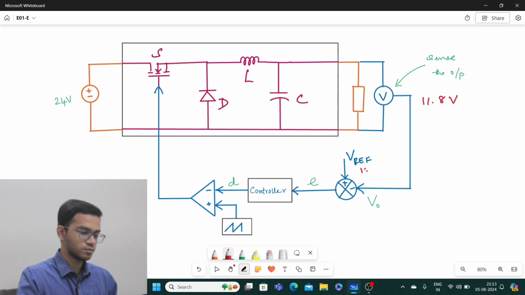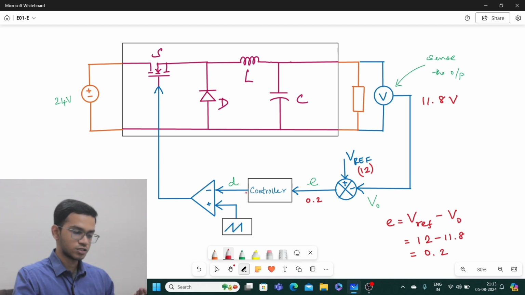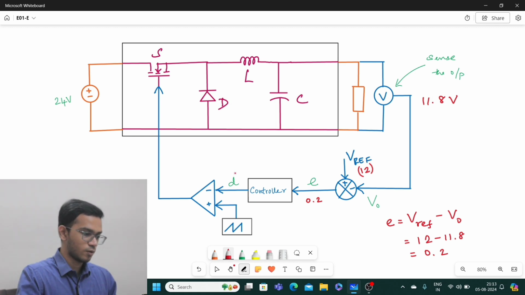My reference will always be held strictly at 12, and the error is 0.2 volt. So how is the error calculated? Error is nothing but V reference minus V0. So the error will be 12 minus 11.8, which will give me 0.2. This error will be fed into this controller, and the controller will produce a duty ratio corresponding to this error. Now that duty ratio may be somewhere around 0.51.